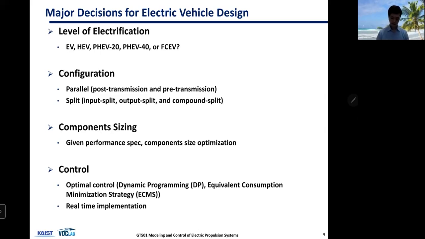And academically, this control part is actually what makes this whole EV design complicated, and theoretically complicated. So we're going to spend some time on controls.